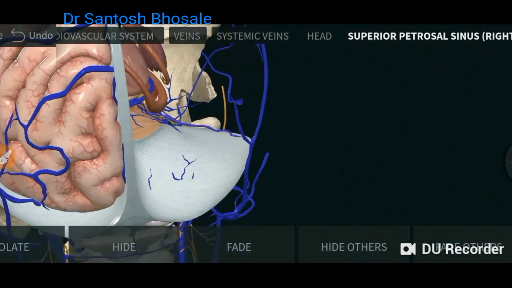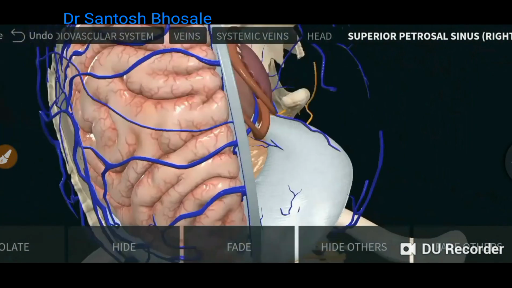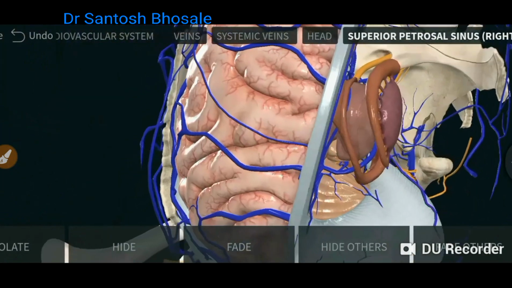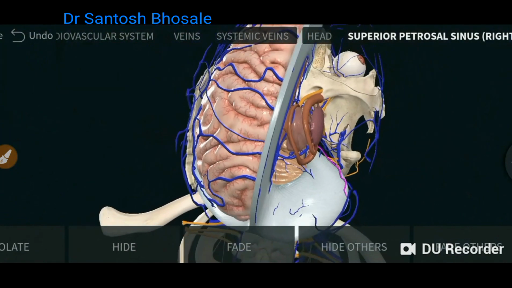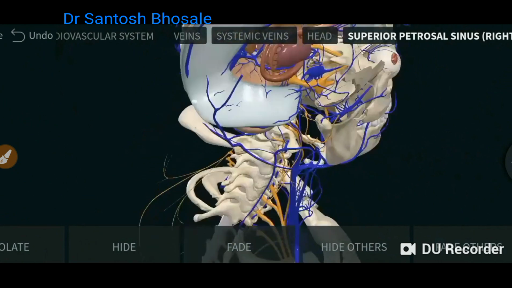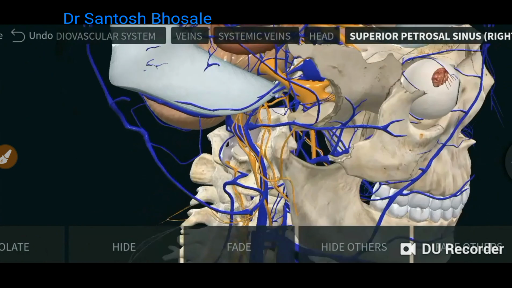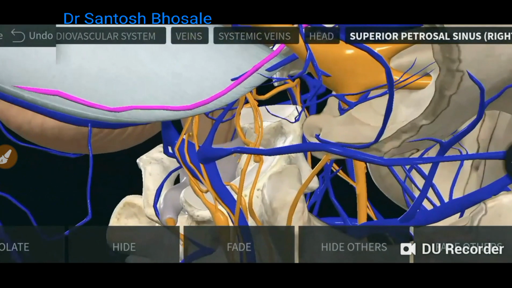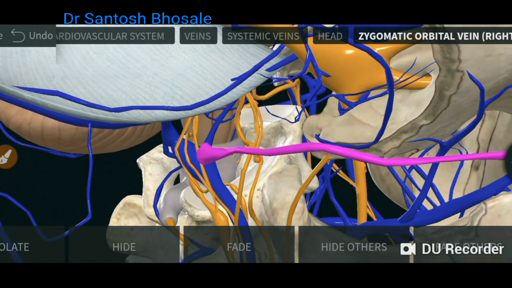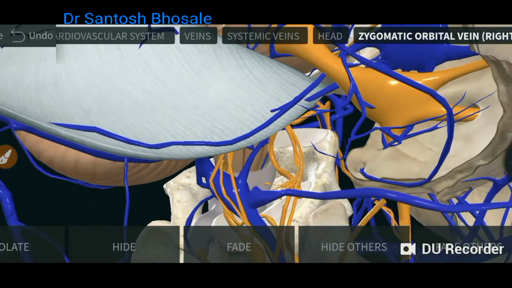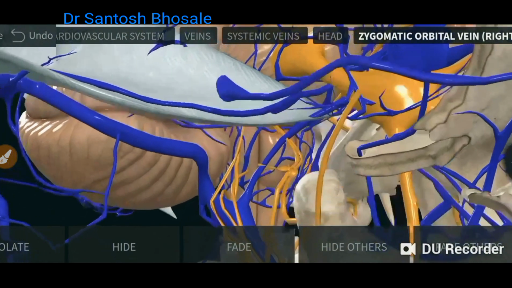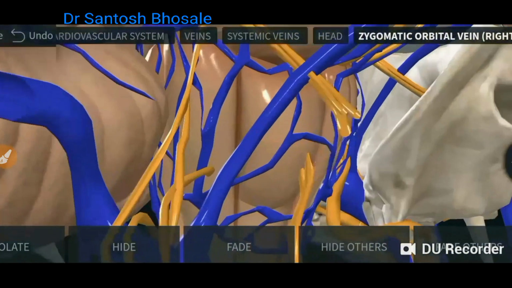You can see that is the superior petrosal sinus, by which the transverse sinus communicates with the cavernous sinus. Cavernous sinus there. Whereas you can see the internal jugular vein, the sigmoid sinus will continue as the internal jugular vein there. If you zoom in here, you can see the superior bulb of the internal jugular vein.